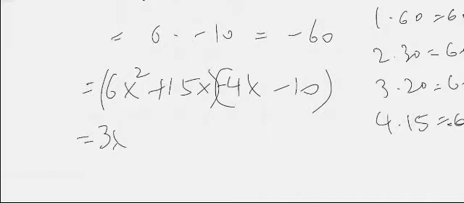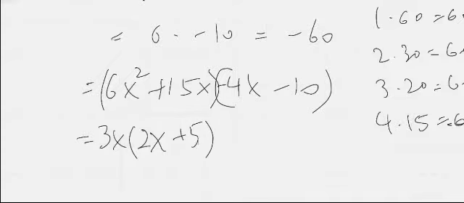So we're going to say 3x, and 3 times 2 is 6, and we have one x left over. So 3x times 2x, and 3x times 5 is 15. So 3x and we have 2x plus 5 in the bracket.